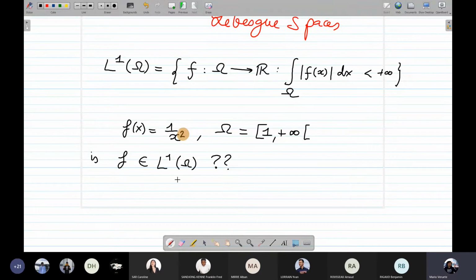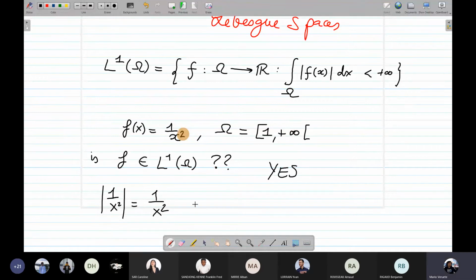The answer you said is the good one. I said that because of the definition of L1 just above, because of the absolute value. Yeah, this is a positive function on 1 to plus infinity, so the absolute value of 1 over x squared is just 1 over x squared.